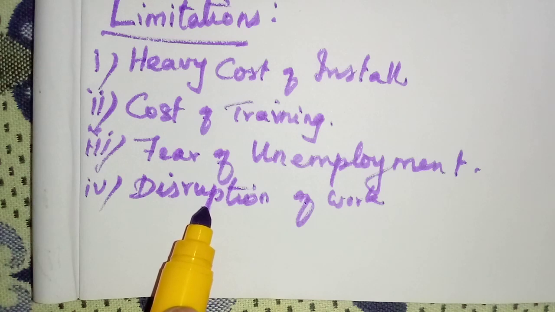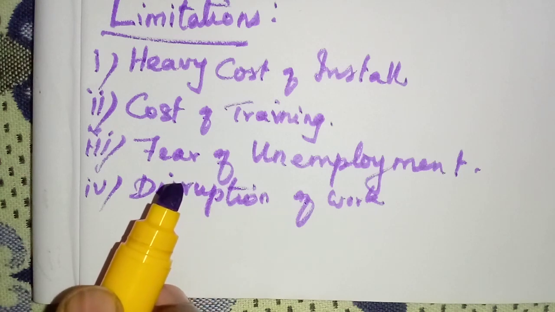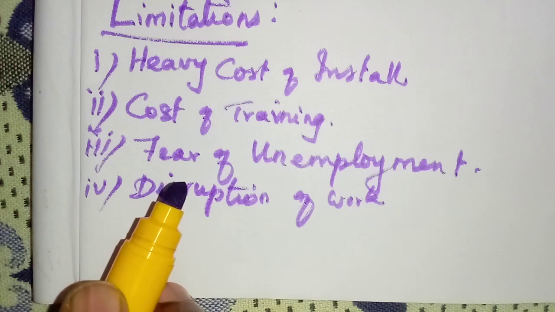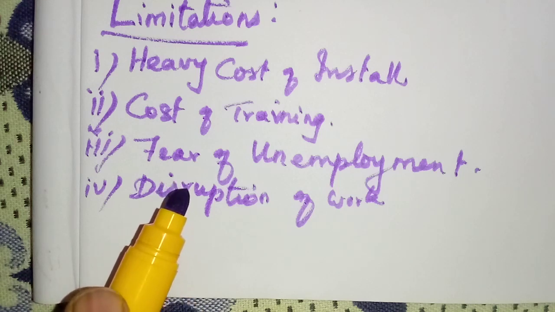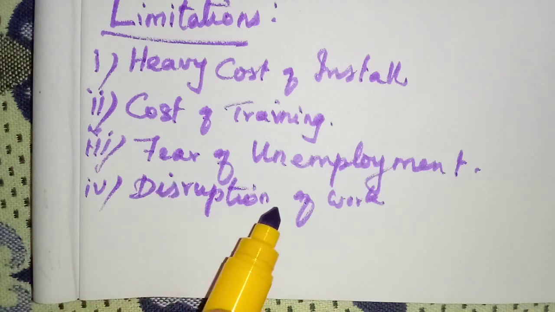But if a human being is appointed as an accountant, he will work without any break, isn't it? Except the lunch break and other breaks, he will work without any disturbance. But the computer will be disturbed by many reasons.